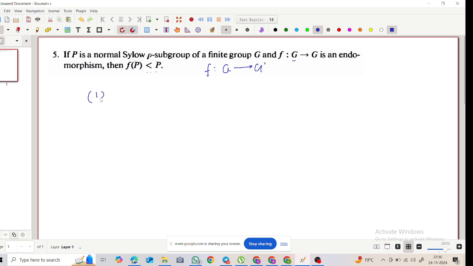First, understand that, do you remember this? If P is a Sylow P subgroup, then P is normal if and only if P is unique.